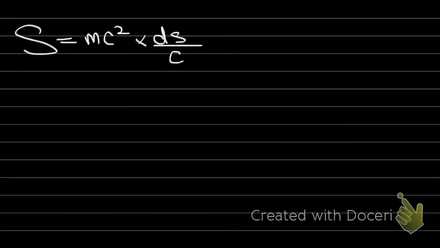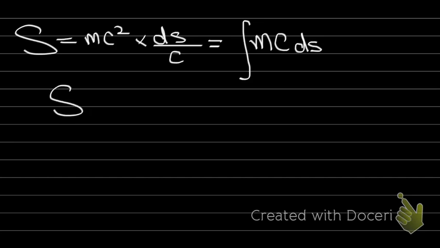So then this is obviously equal to the integral of mc ds, where ds again is the space-time separation. Okay, so from here I'm going to make a claim. I'm going to say that the correct action for my relativistic system is going to be the negative integral of mc ds.